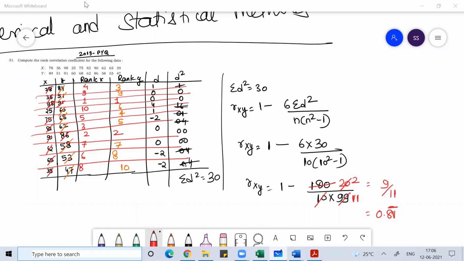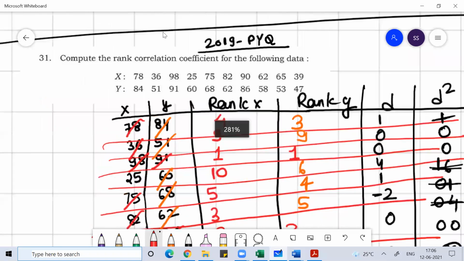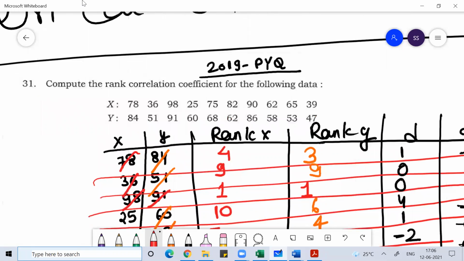Any doubt, anyone? So here we discussed the 2019 previous year question for Numerical and Statistical Method on Spearman rank correlation method.